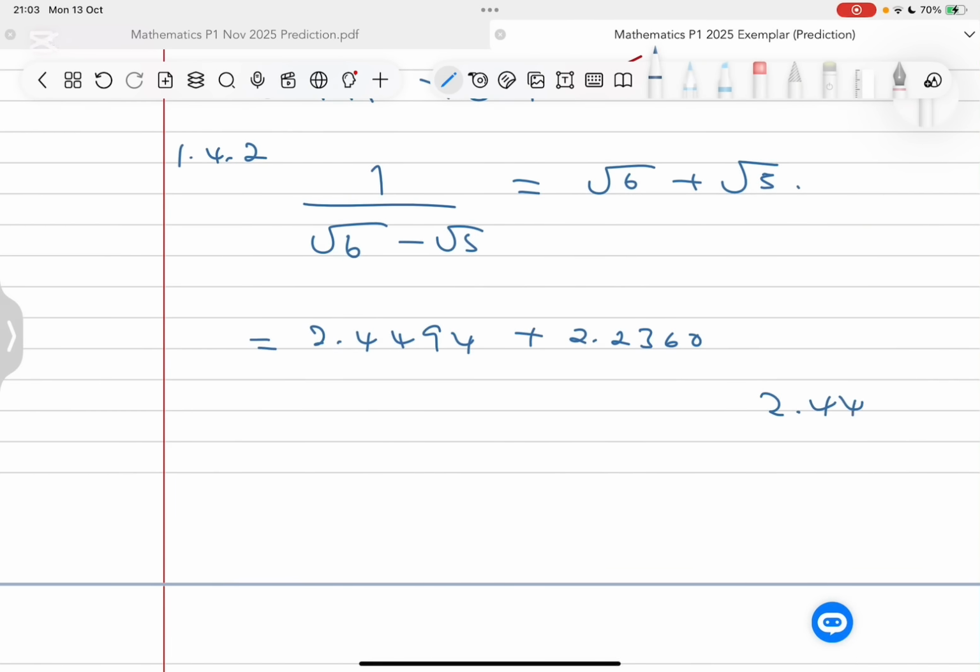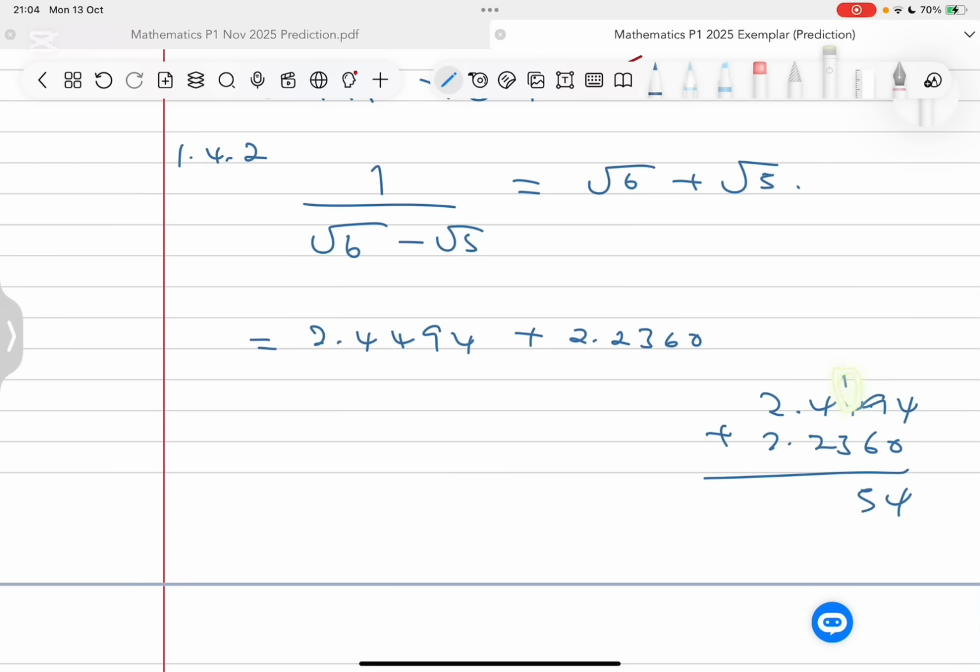If I have 2.4494 and I'm adding this to 2.2360, we simply do the addition that we have learned in grade 1, where we say 4 plus a 0 is a 4. 9 plus a 6 is a 15. So I'm going to have a 5 carry 1.